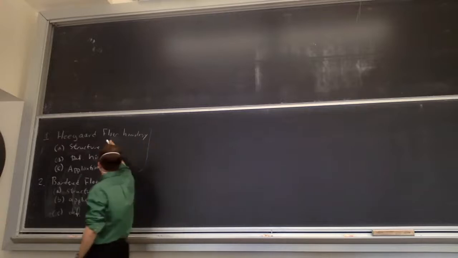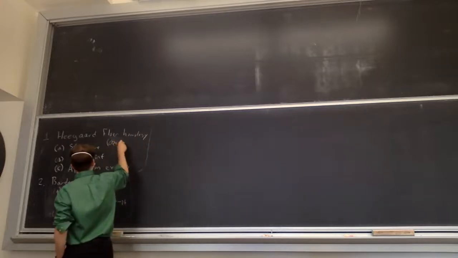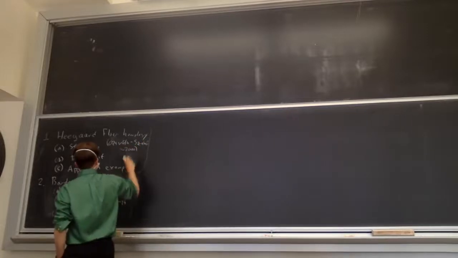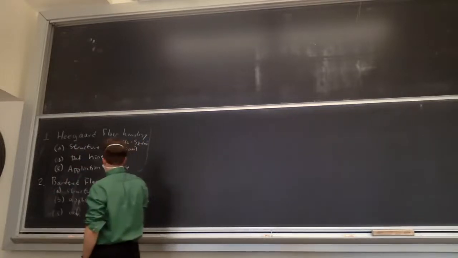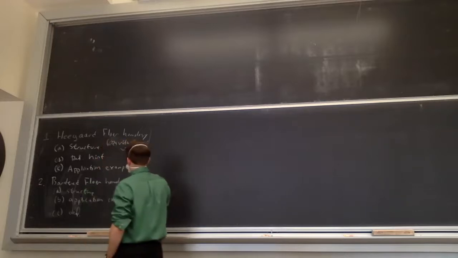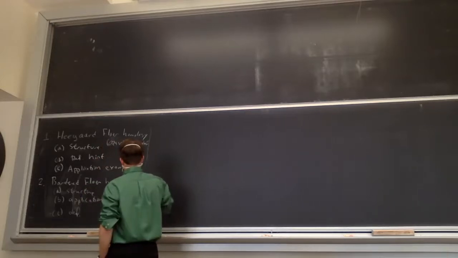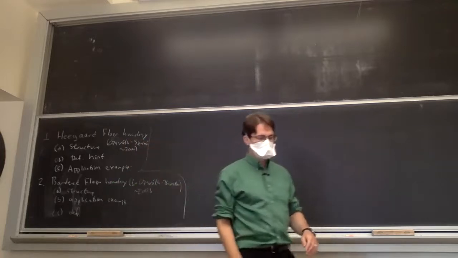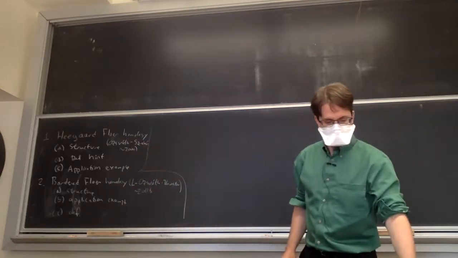So Heegaard Floer homology is due to Ozsváth-Szabó from roughly 2000. Well, continuing, the extension is due to me and Ozsváth and Thurston from 2008. In both cases, developments continue, so it's not all as old as it sounds.